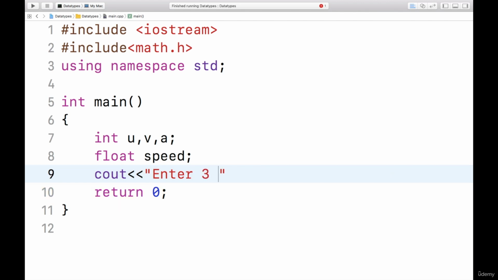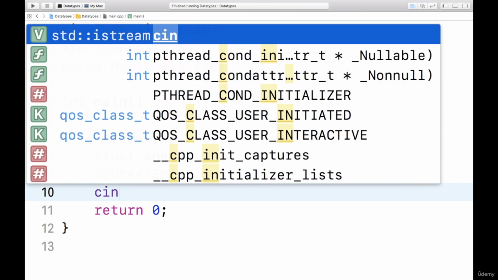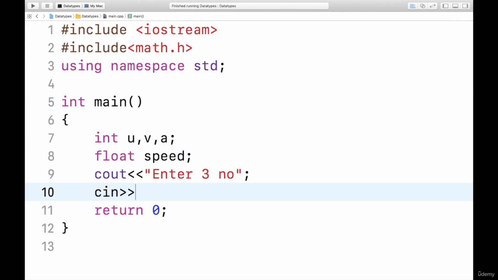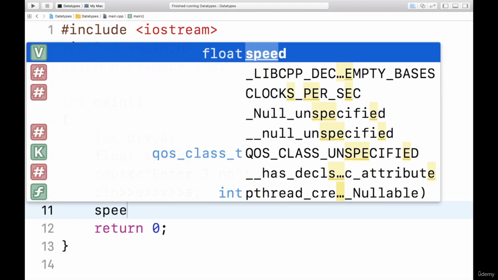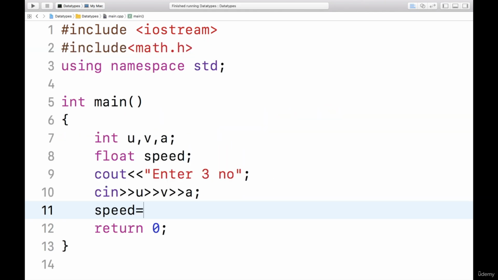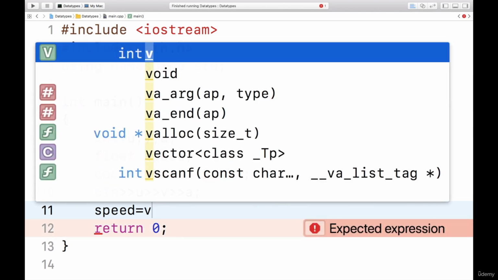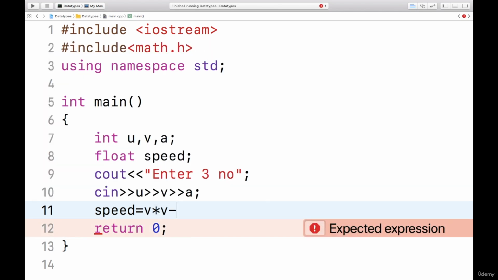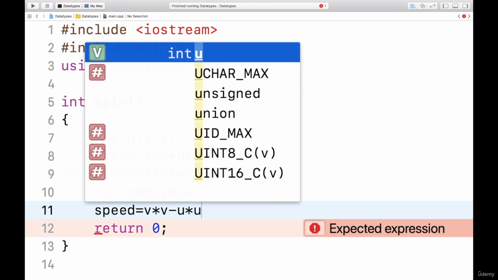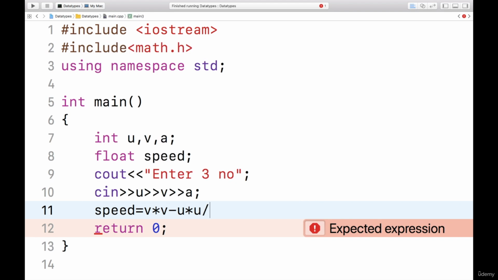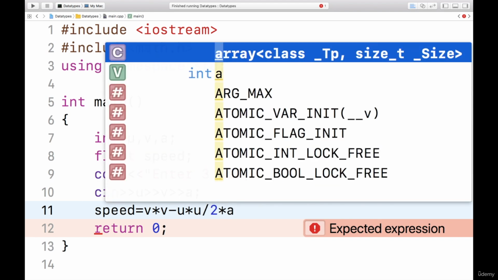Then cin, I will read values u, v and a. Now for calculating speed, the formula is v square, that is v into v, minus u square, that is u into u, divided by 2 into a.